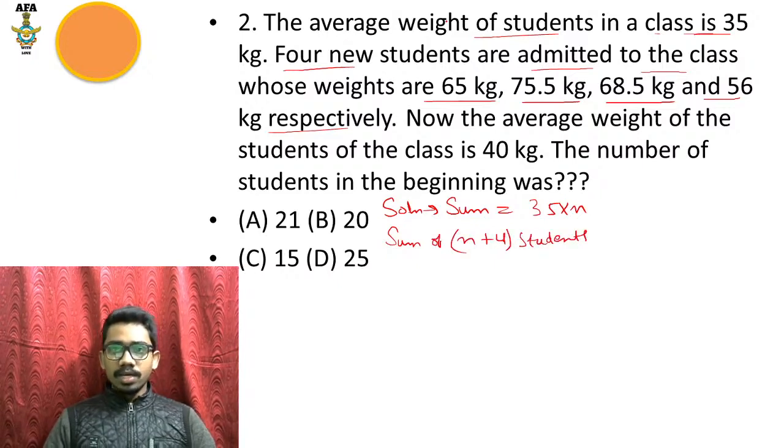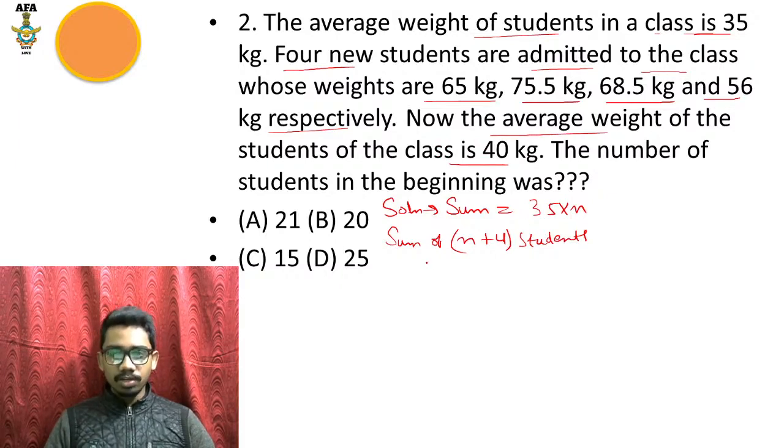In the first case, the average weight of students in a class is 35 kg. I don't know the number of students, so I just assumed it to be n. Four new students are admitted whose weights are 65 kg, 75 kg, 68.5 kg and 56 kg respectively. Now the average weight of the students of the class is 40 kg.